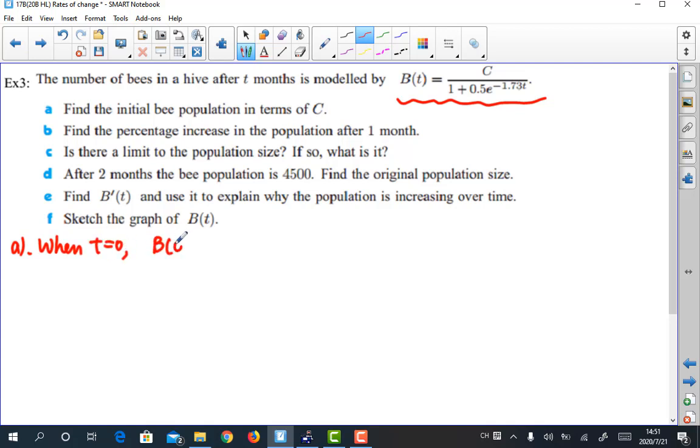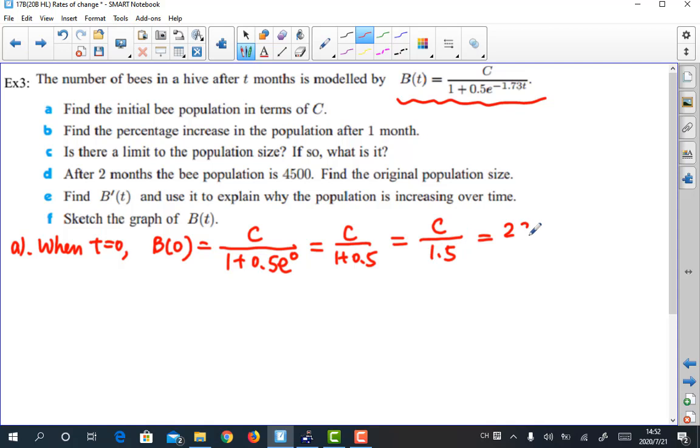B of 0 should be C over 1 plus 0.5 e to the power of 0. So C over 1 plus 0.5 equals C over 1.5. If you change 1.5 to a fraction, this is the same as 2C over 3 bees.